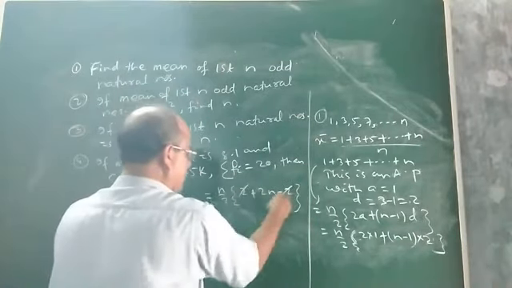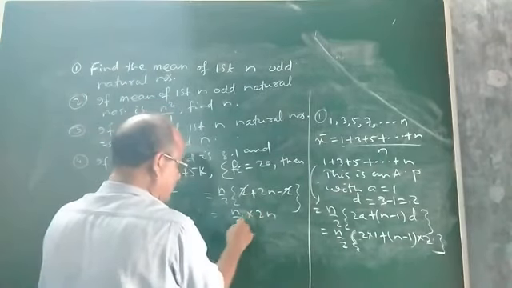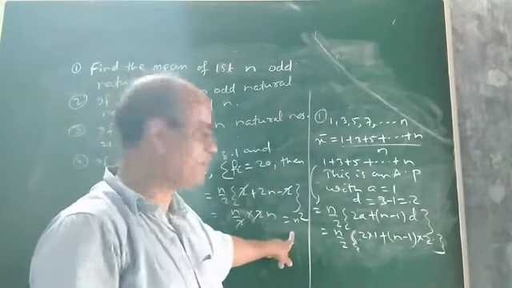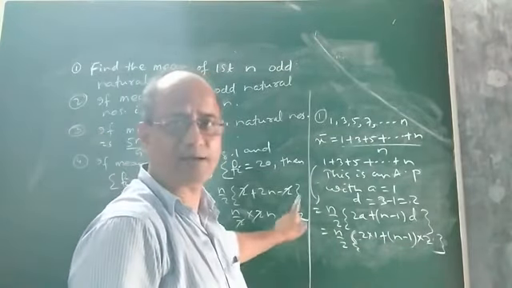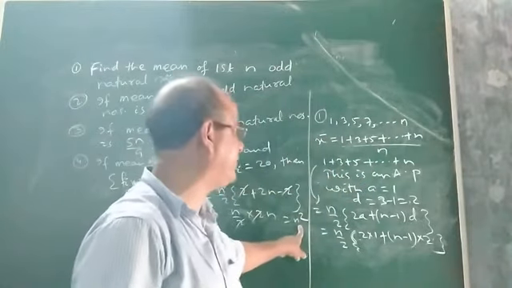Now this 2 cancels. It is n by 2 into 2n, where the 2 again cancels, so it is n square. So the sum of the first n odd natural numbers will be n square.